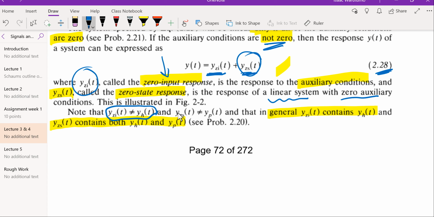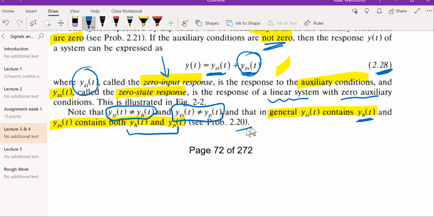The other thing you observe is that the zero state response of your system is also not equal to the particular solution that we use to describe our differential equation. In general, y_zi of t, that is the zero input response, contains the homogeneous response, and the zero state response contains both.